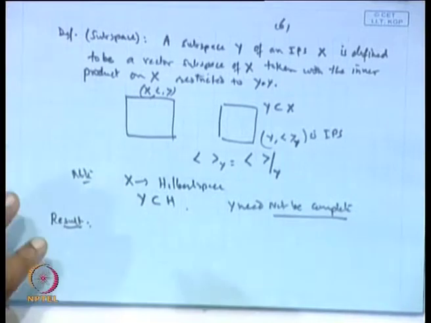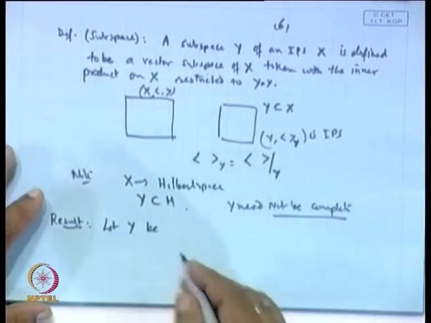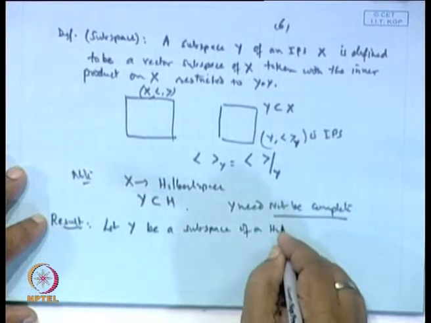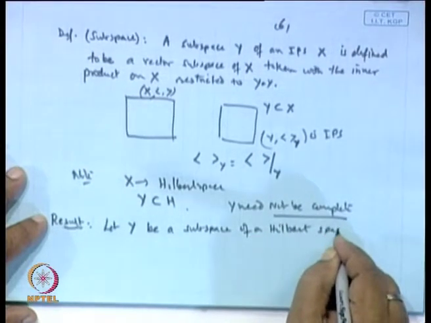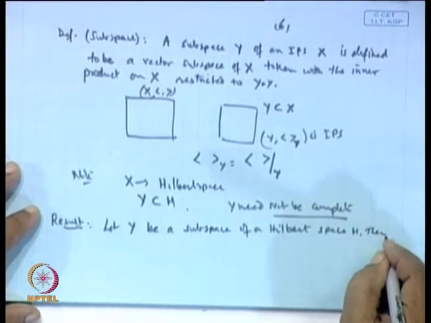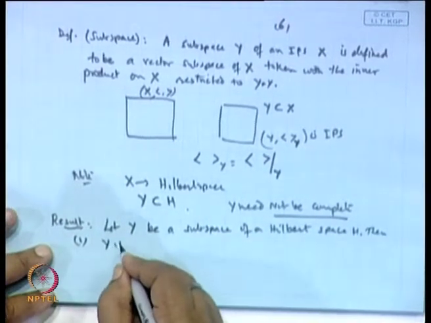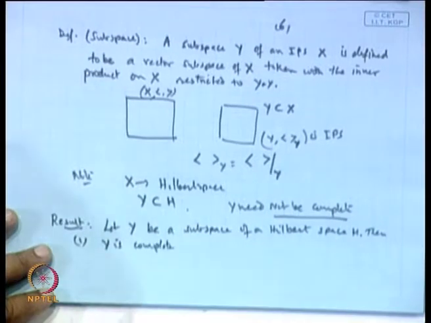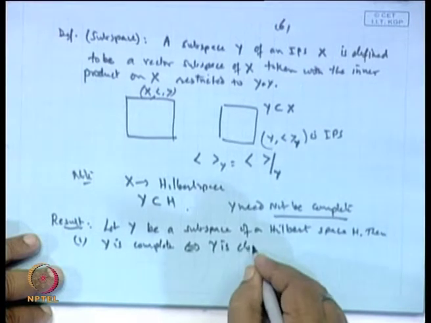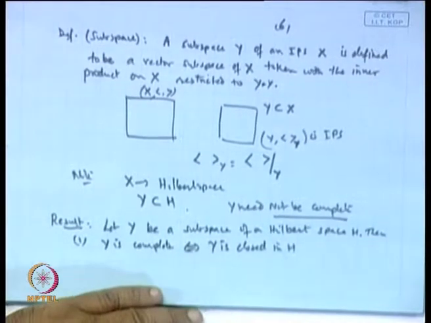Let Y be a subspace of a Hilbert space H, then the following results hold: Y is complete if and only if Y is closed in H. This was also a result in case of norm space, is it not?